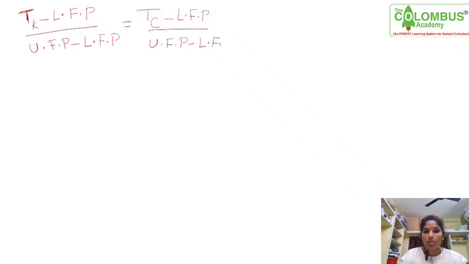So we have one more scale. What is that scale? Yeah, Fahrenheit. Temperature in Fahrenheit minus lower fixed point divided by upper fixed point minus lower fixed point. If you remember this, yes, you can.